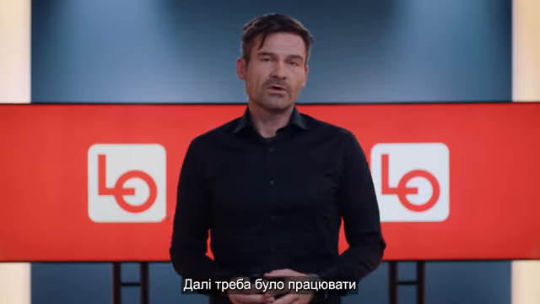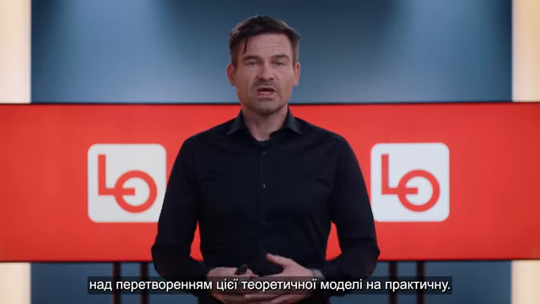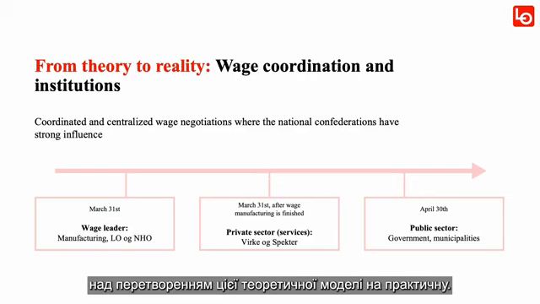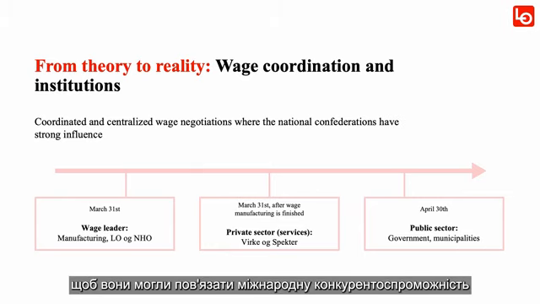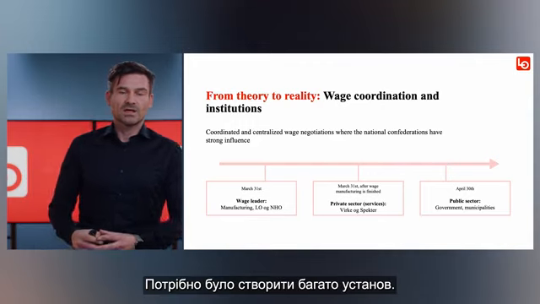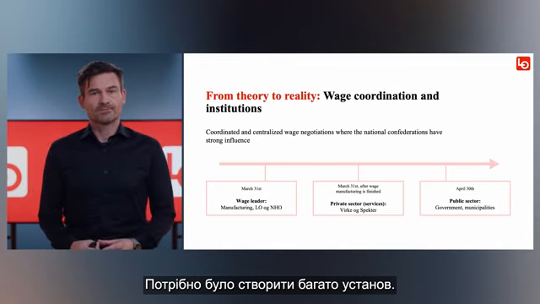Then the work had to be done to make this theoretical model also a practical model. We had to organize our wage negotiations so that they could link the international competitiveness to the domestic labor market. A lot of institutions needed to be in place.